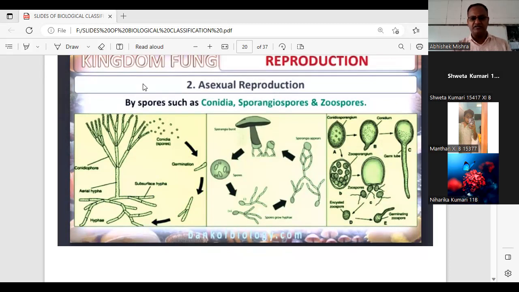Depending on the structure, there are different types of spores. Like these are zoospores. The structure of the zoospore is like this, with the flagella.